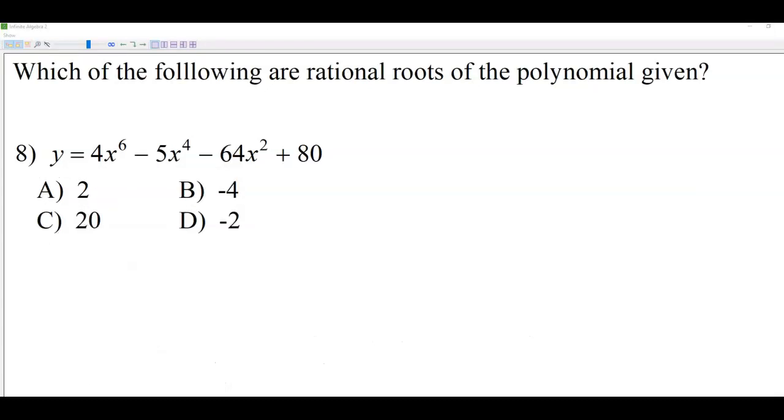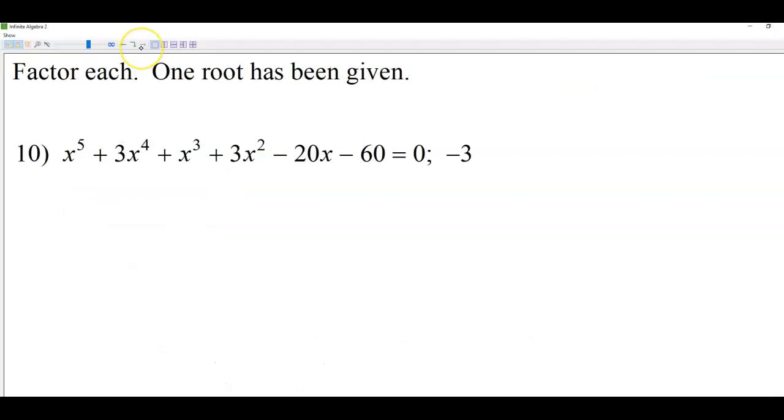Okay. So moving along to number 10 here. We're going to factor this polynomial, but right now we can't use our regular factoring methods to get the answer because it's too long. We've only learned how to factor polynomials that have 2, 3, or 4 terms, but this one has 6 terms in it. So what we're going to do is we're going to scale it down a little bit by using the root that they gave us.